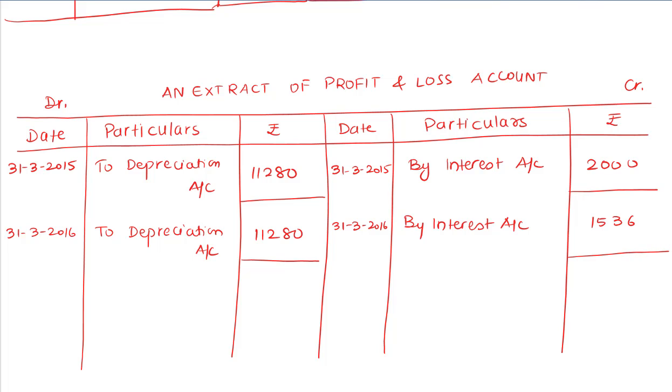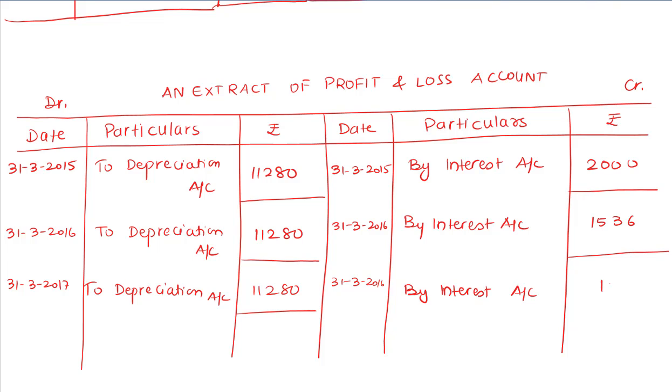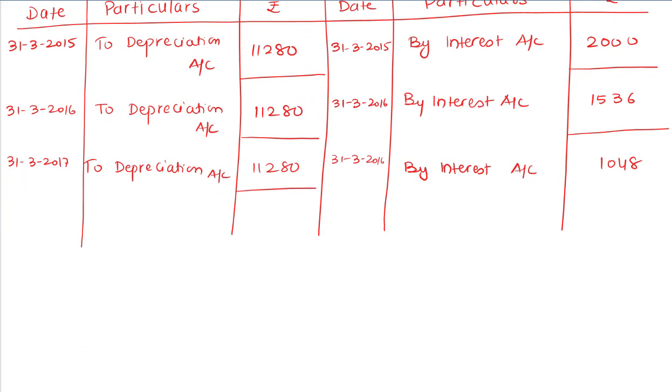Third year, 31st March 2017, to depreciation account 11,280. By interest account, third year interest which is 1,048.